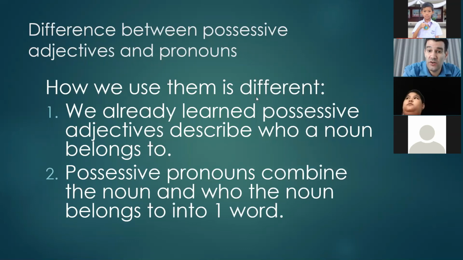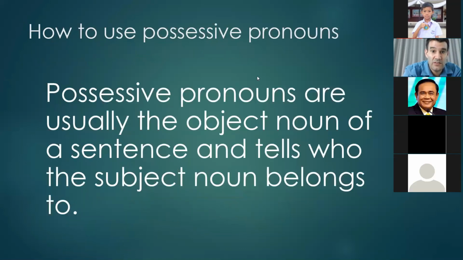So there is no longer, you will not look for a noun and write it before a noun. It is possessive adjective plus a noun together. That is why it's called a pronoun, possessive pronoun. Okay. So how to use? Possessive pronouns are usually the object noun.